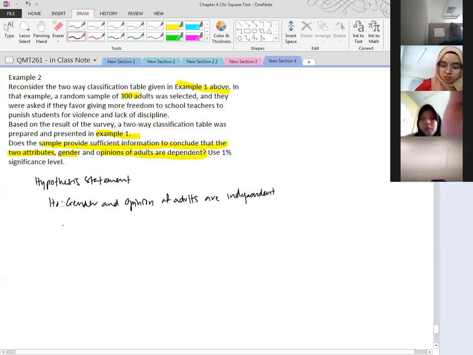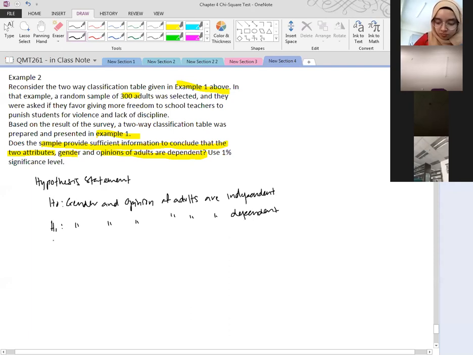So they are not related, right? The alternative hypothesis is gender and opinion of adult are dependent. So they have a relationship. So alpha is 0.01.